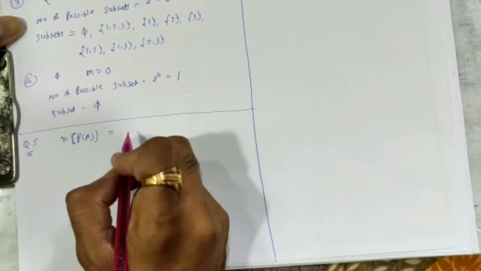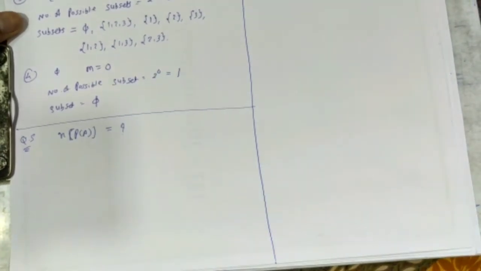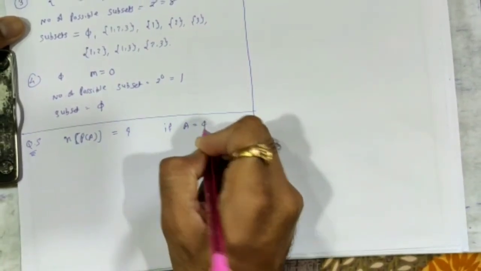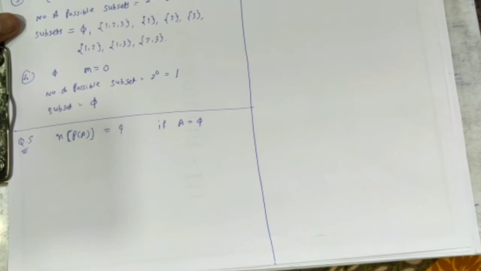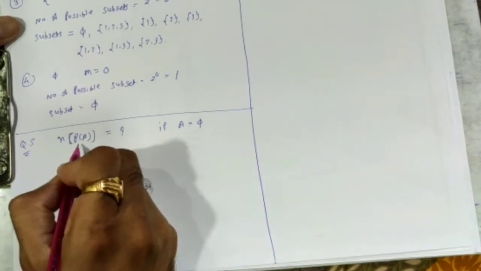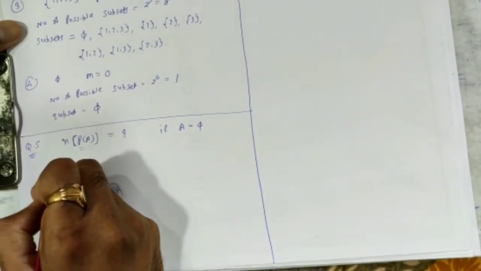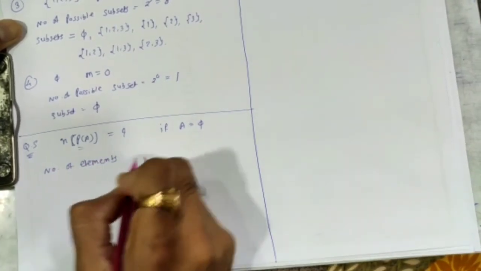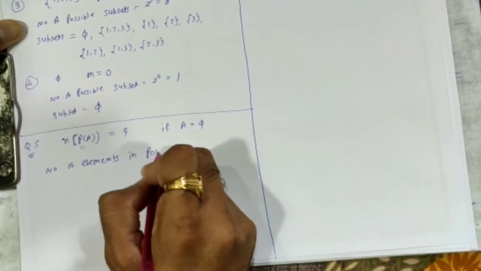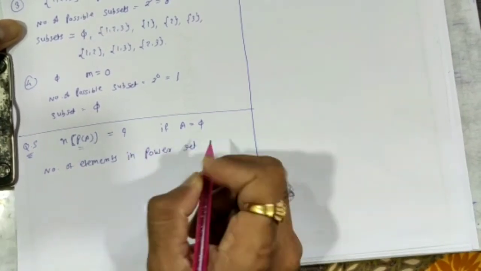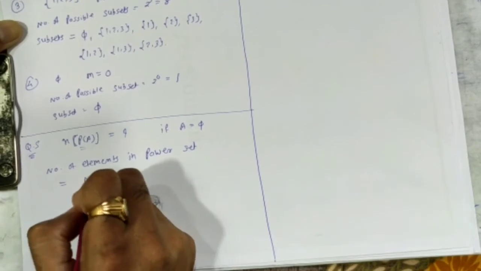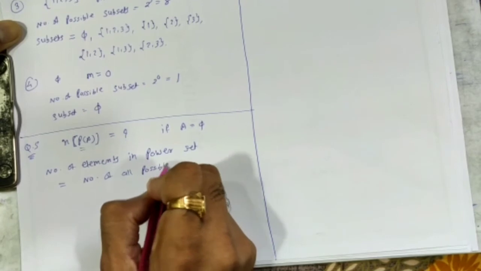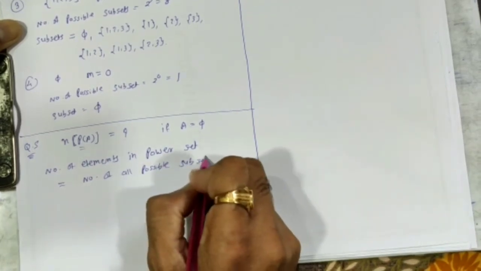So number of elements in P of A, number of elements in power set, if A equal to 5. Done. तो कल ही फॉर्मूला दिखाया था, number of elements in a power set is equal to number of all possible subsets.